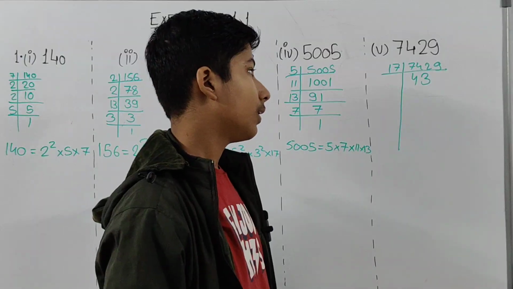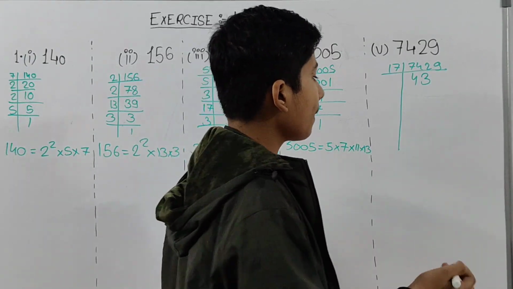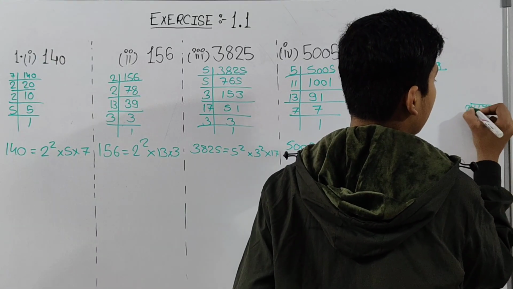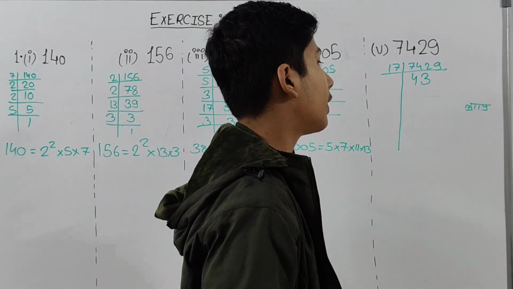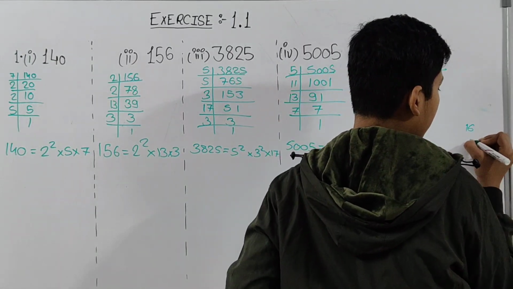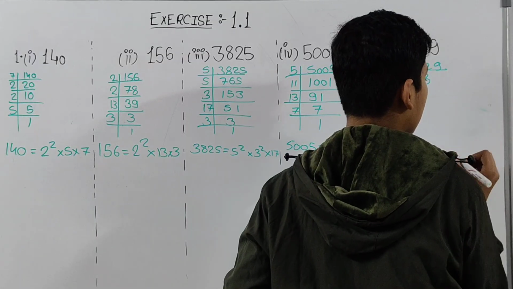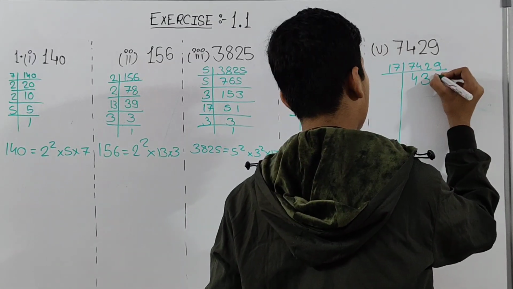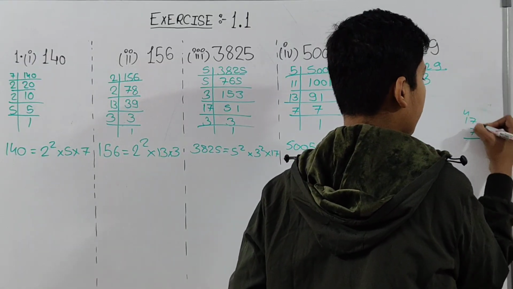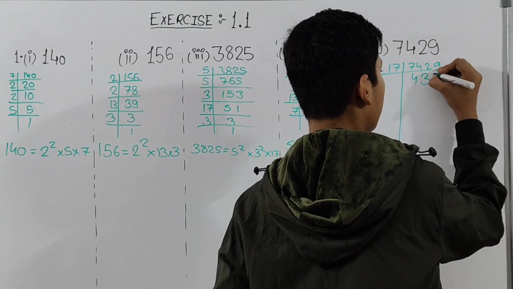So 11, 119. So 119, 17. Let's check it with 7. Yes, it would be 7 times. 17 7s are 49, 119. Yes. So it would be 7 times.